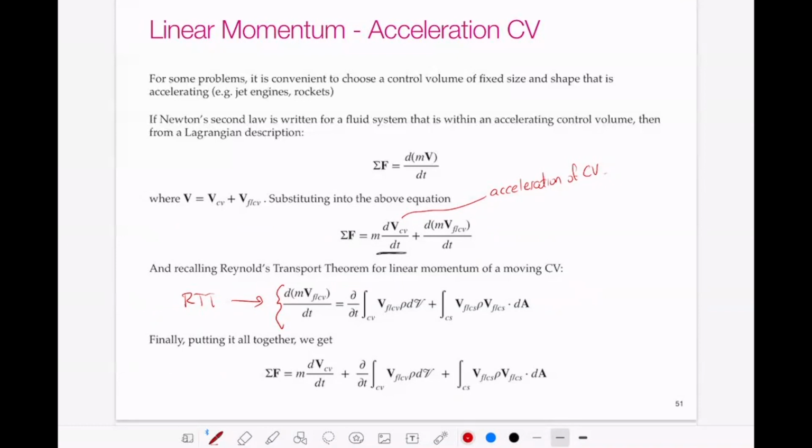So what we were doing here is we have the sum of the forces is equal to the acceleration of the control volume plus the change in momentum of the system of fluid, which is through Reynolds transport theorem equal to the time derivative of the momentum of the control volume plus the momentum change across the control surfaces.